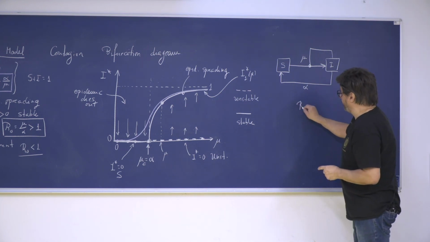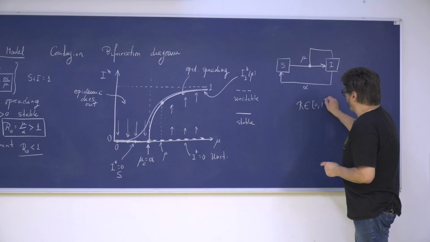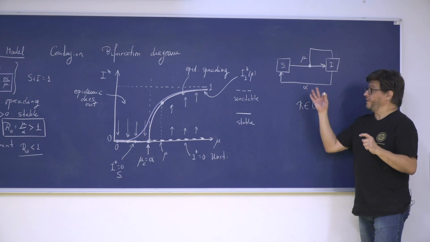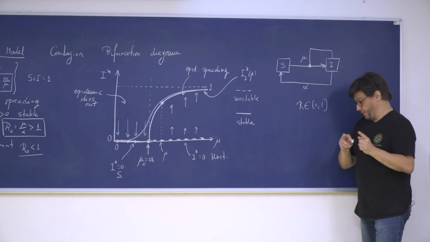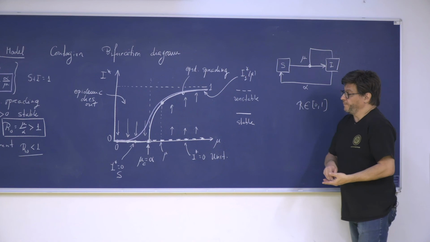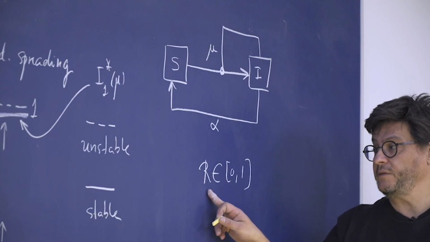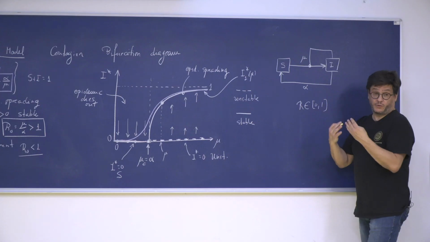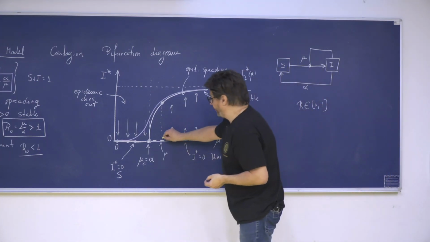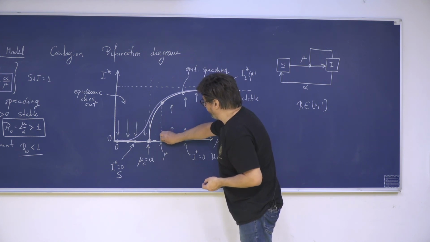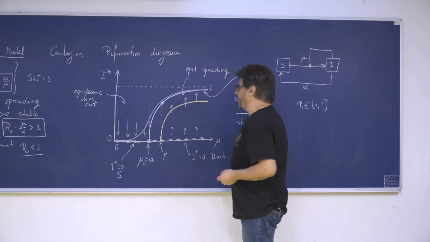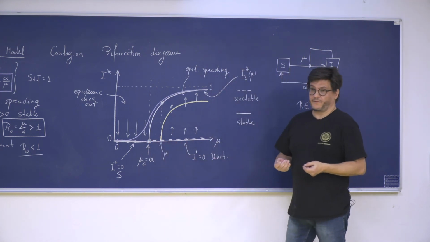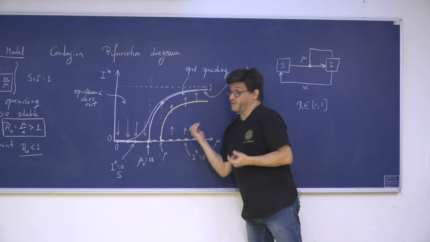Let's call it R. That could be some number between 0 and 1 that gets outside of my dynamical system. You can show, and that's the exercise I propose, that when you add this term, you put out of circulation a fraction of the population, what you actually do is move the diagram in this way. So you push the threshold in this direction.